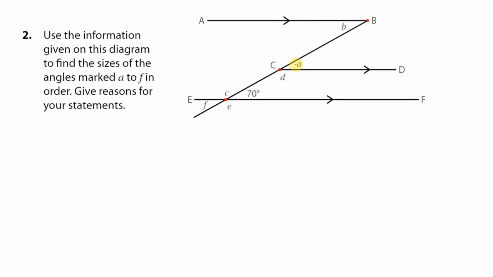So here is A. We have this line AB and CD is parallel. It's also parallel to EF. So since we have this parallel line CD, let me show you.